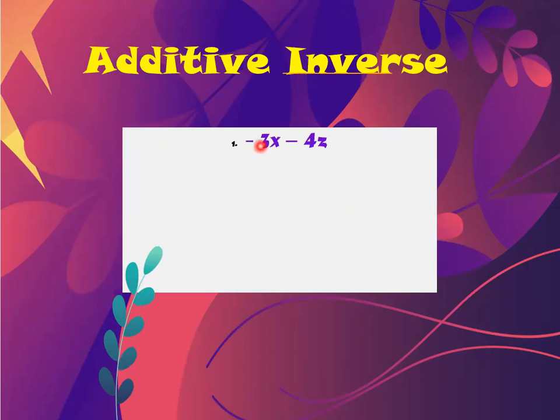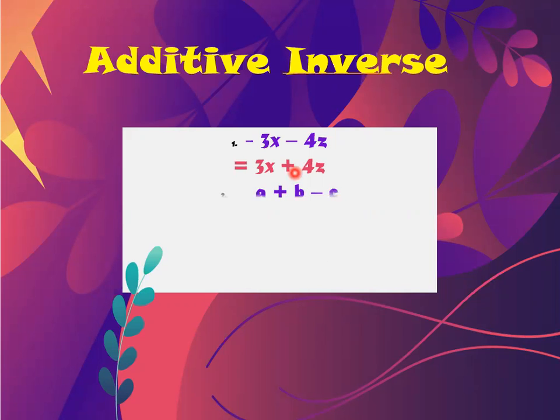Minus 3x becomes plus 3x. If this is minus 4z, you will write plus 4z. Means you will write the opposite of the given sign. So simply you will write minus 3x plus 4z. So this will be the additive inverse of your given question.